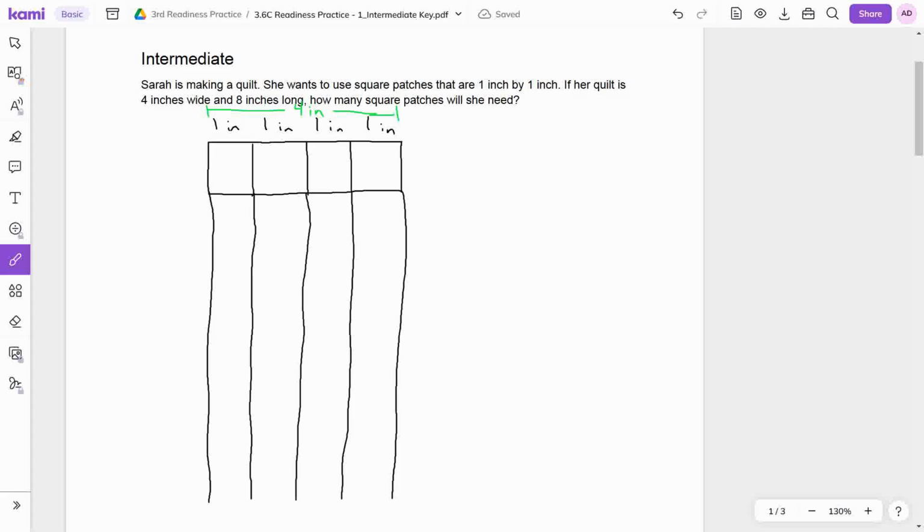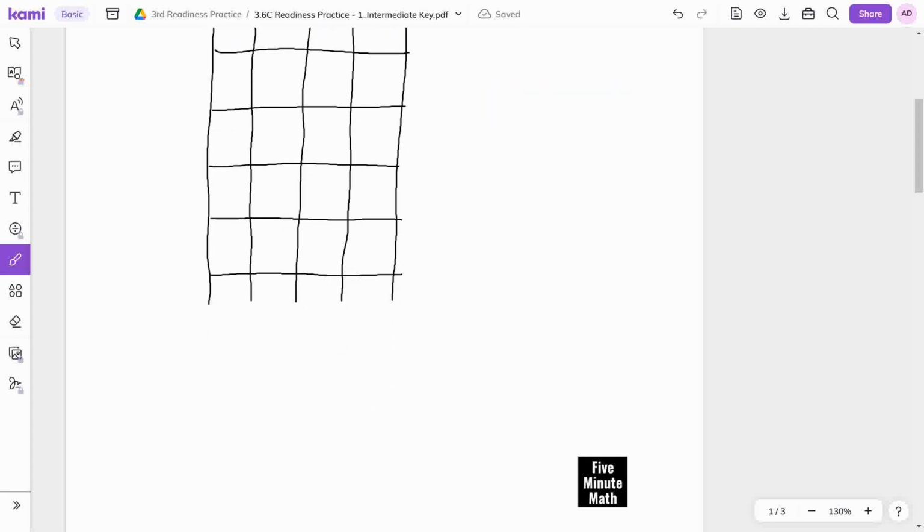So I've got 1 row, 2 rows, 3 rows, 4 rows, 5 rows, 6 rows. Let's extend this down here. If I do this, this should give me 7 rows.